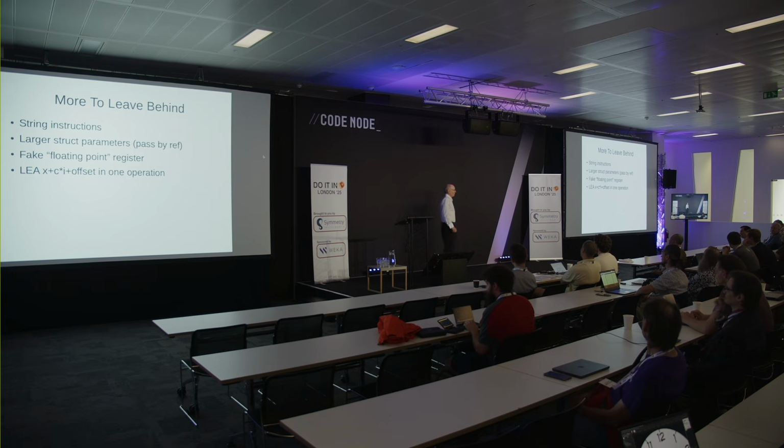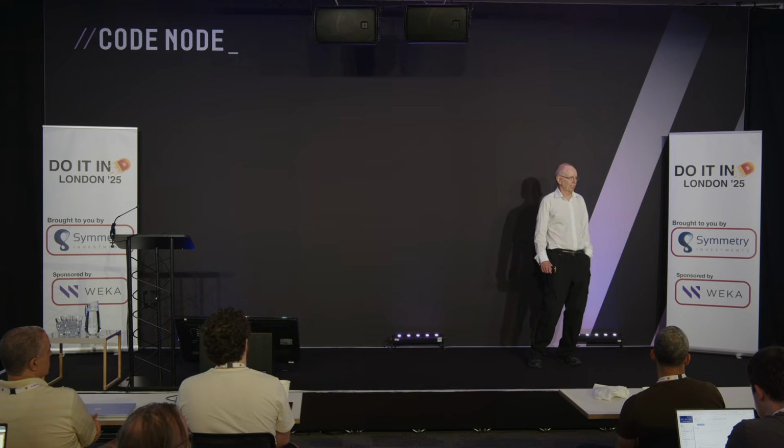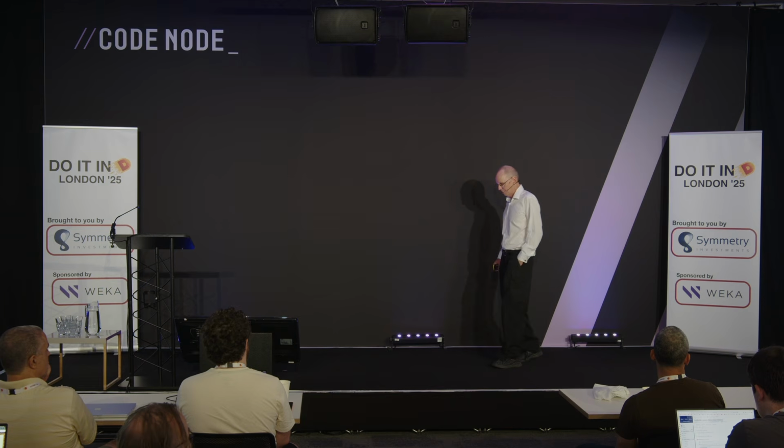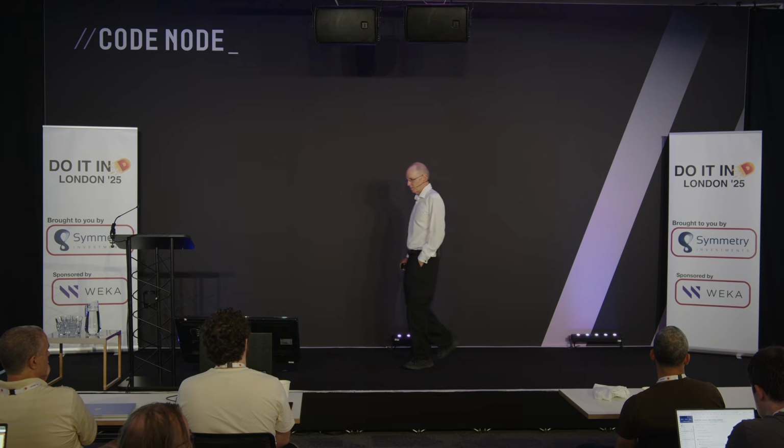Okay, LEA means load effective address, and the hardware has a heavily optimized microcode, or whatever is going on inside the chip, that makes it very fast. So certain kinds of arithmetic instructions can be executed very quickly with an LEA instruction rather than doing a separate multiply add. So that optimization is actually used all over the place, and I can just snip that out because that kind of instruction doesn't exist.